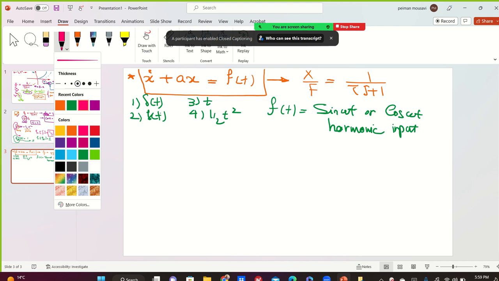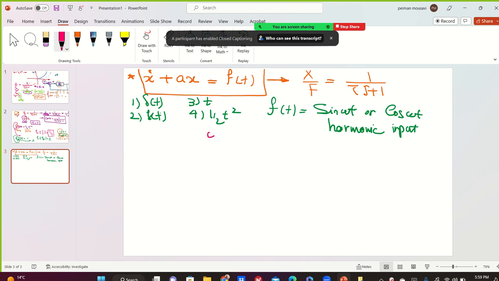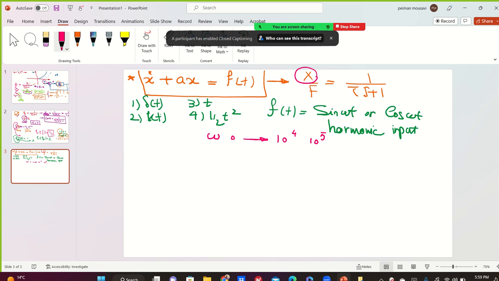It's very simple. What is interesting in the control class for us is to say, if I increase omega from 0 to a large number, 10 to the power of 4, 10 to the power of 5, if I change the omega, what's going to be the output of the system?